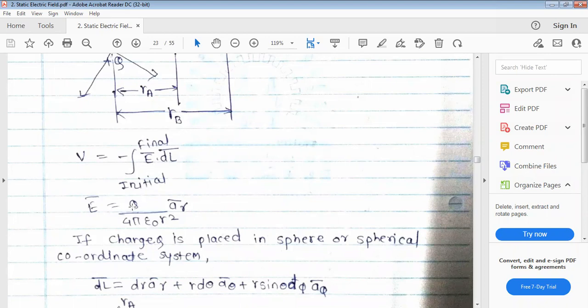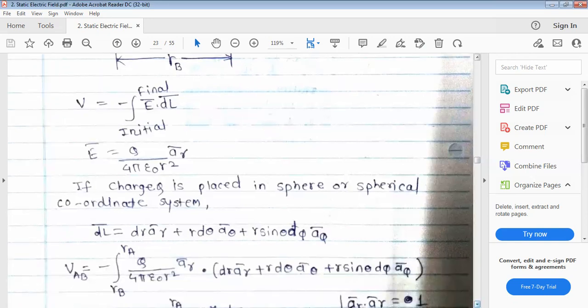E bar is Q upon 4 pi epsilon 0 R square a bar R for the point charge. But we have to find dL bar now. dL bar is different for different coordinate systems. In the spherical coordinate system, dL bar is given as dr a bar R plus R d theta a bar theta plus R sin theta d phi a bar phi. You can check this equation in the spherical system also.